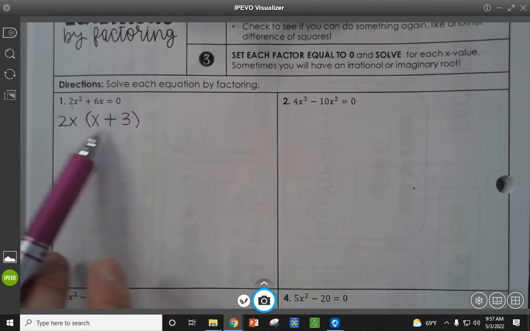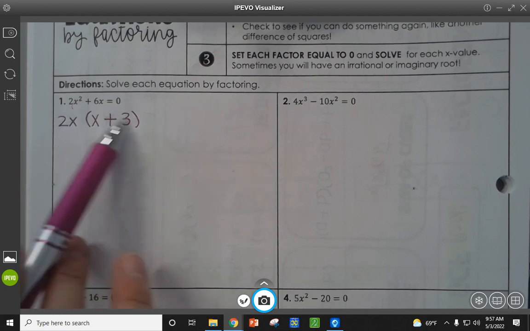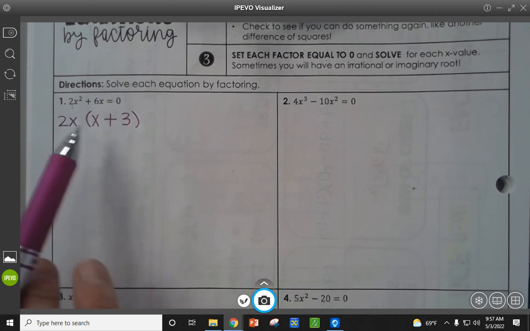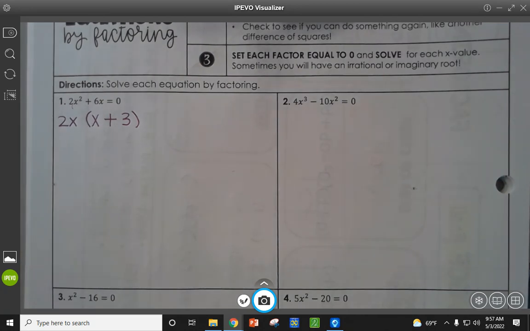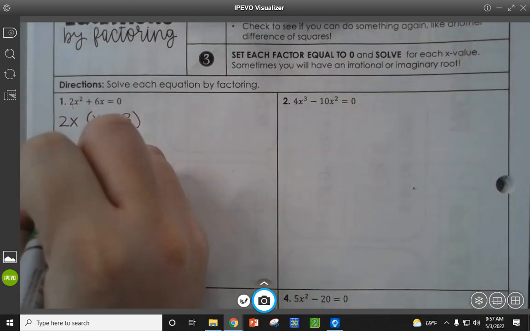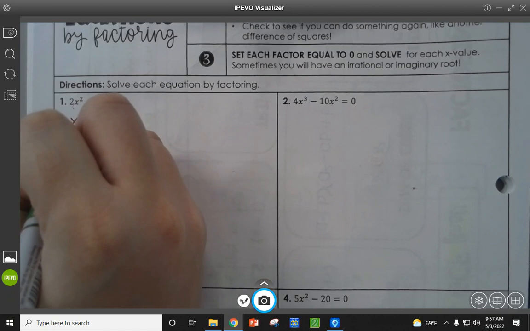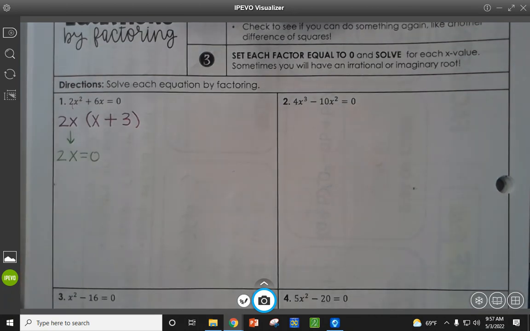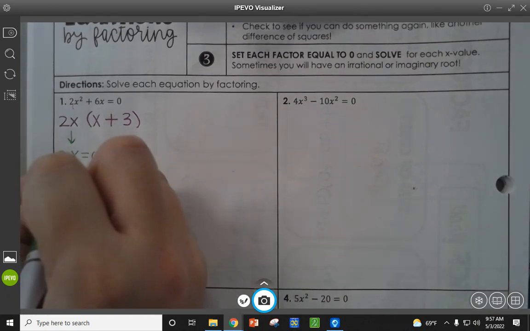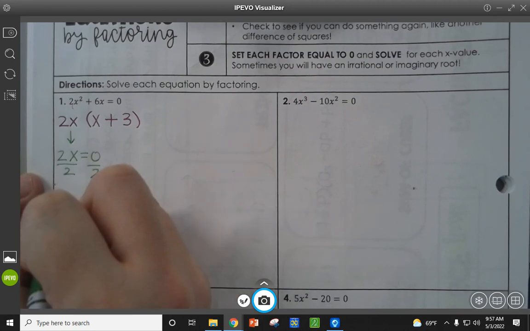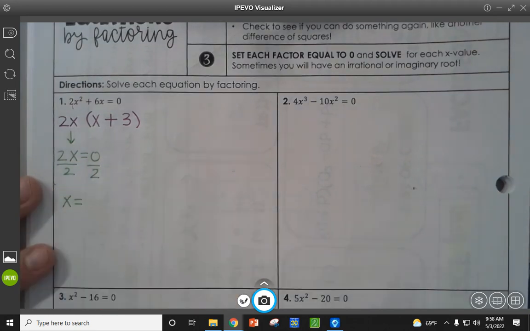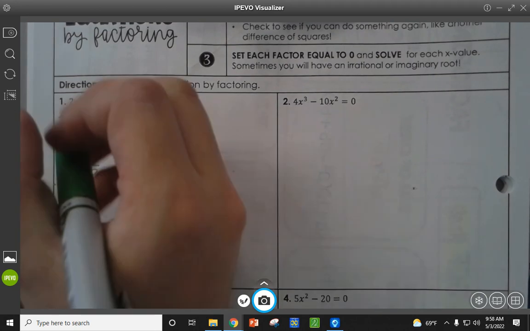Now what's left in parentheses here, check to see if that is a difference of squares or anything. It's nothing. So then we take each factor and we set it equal to 0. So 2x equals 0. How do I solve this? Divide by 2. If I divide both sides by 2, what's 0 divided by 2? 0.